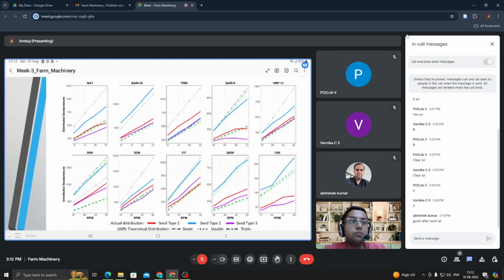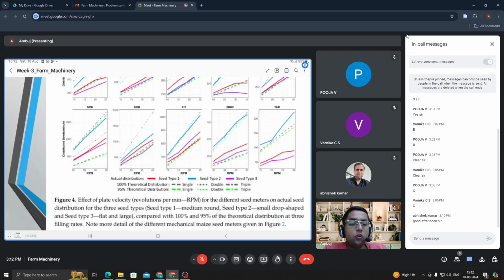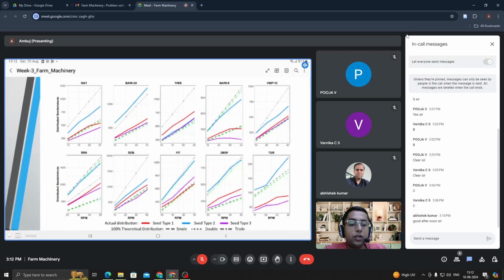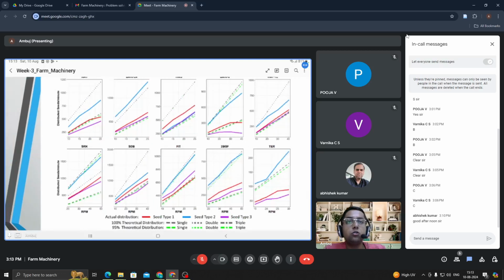On the y-axis, I am telling you the number of seeds per minute which are flowing through my test bench conveyor. And on the x-axis, I have plotted the RPM, in both figures, in the first row and in the second row also.